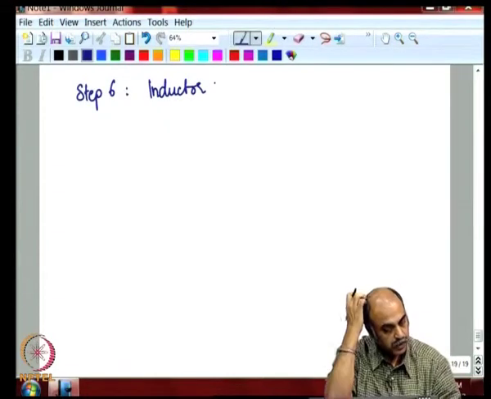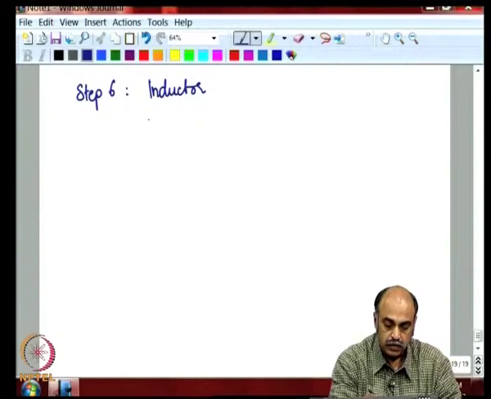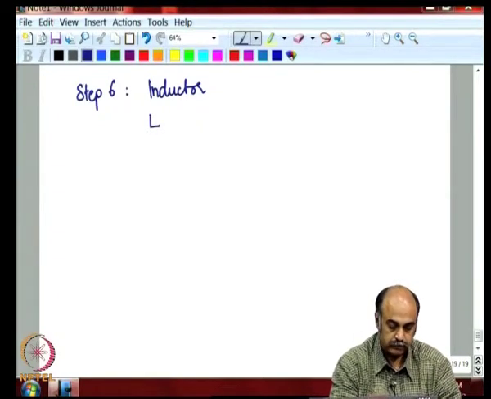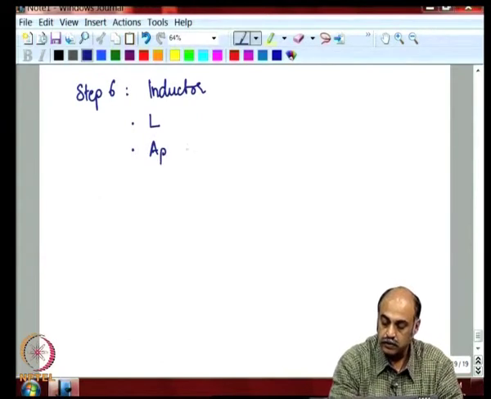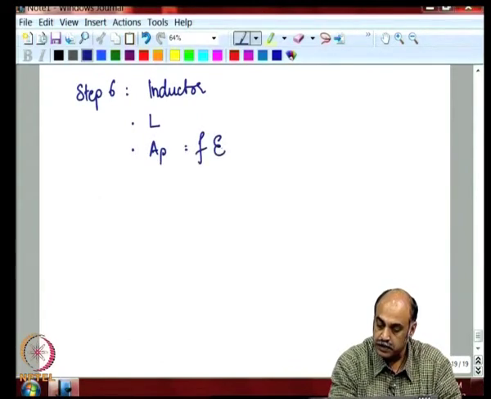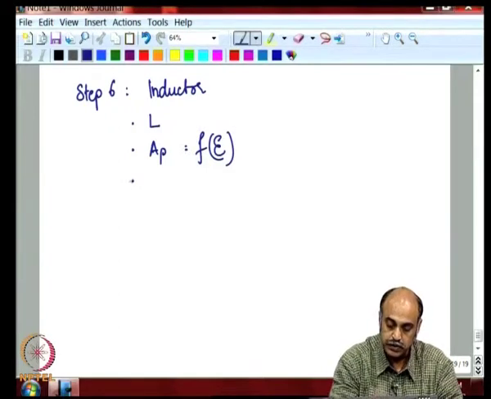So, inductor design we have gone through today. First, the value of L you calculate, and then after the value of L, area product, which is a function of energy in this case, because it has to store energy.